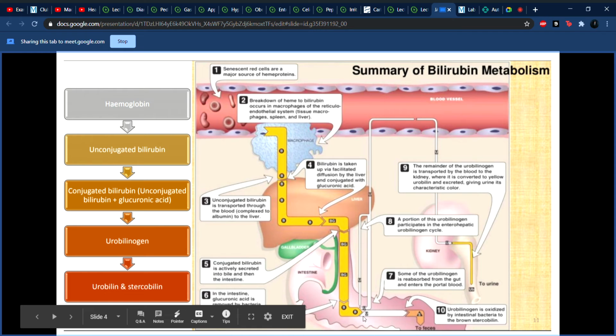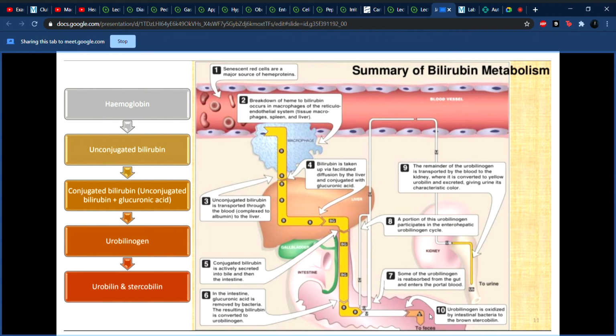Around the terminal ileum to colon area, the glucuronic acid will be removed by the bacteria in the colon. So this conjugated bilirubin will be converted into urobilinogen. Around here, most of the urobilinogen will be oxidized into stercobilin and will give the feces the brown color.